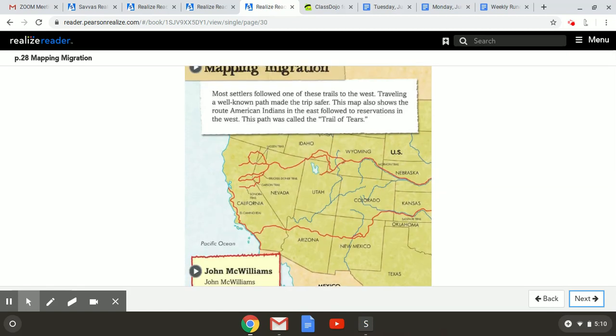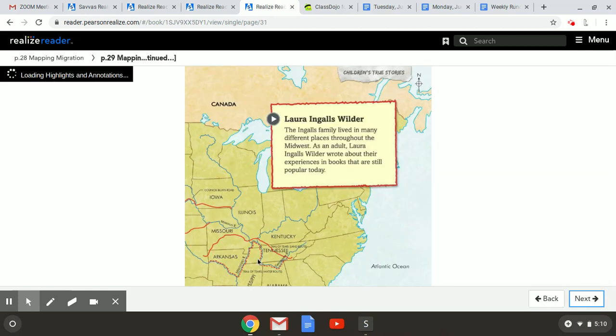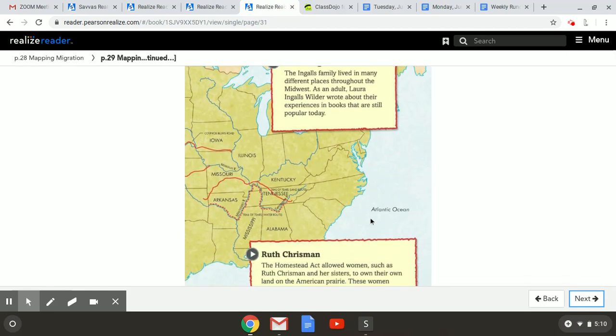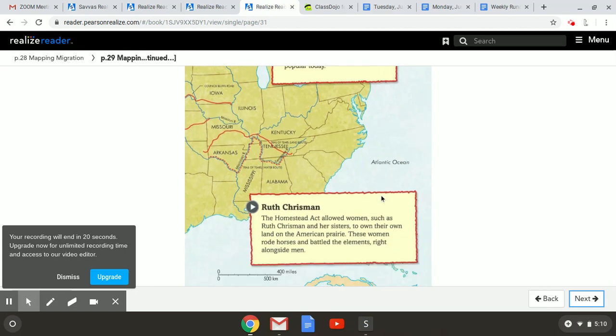So 28 and 29, the image is basically just a map of the United States, and it shows the trails that different pioneers took to head west. You also see the Trail of Tears that the Indians took to head west when they were kicked out.